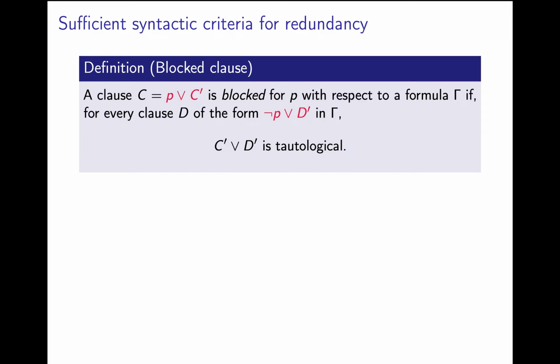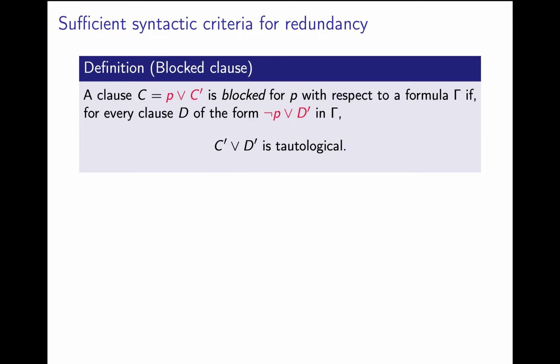We say that a clause C of the form P or C prime is blocked for P with respect to a formula gamma if for every clause D in gamma that contains not P, the result of applying the resolution rule to C and D, which gives the clause you see here, is tautological. Namely, it contains complementary literals.